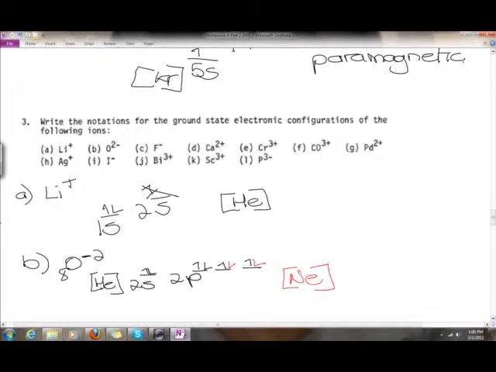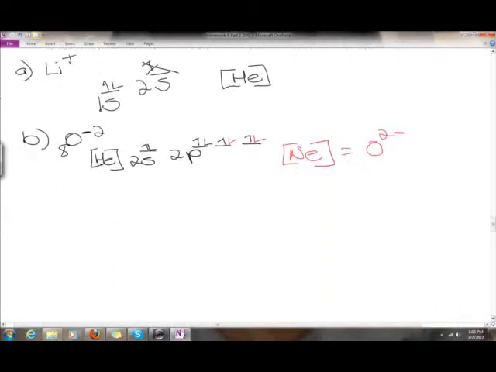And that's the electron configuration of O2 minus. Those are isoelectronic. Let me do another one, okay? When you have a negative charge, you have to add electrons. When you have a positive charge, you have to subtract electrons. And that's about it. So you know that already.